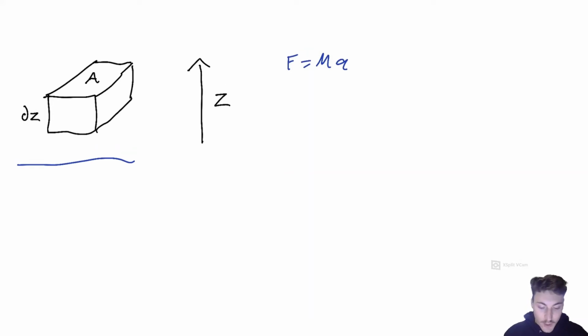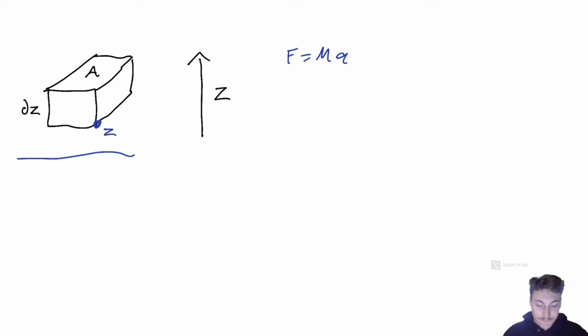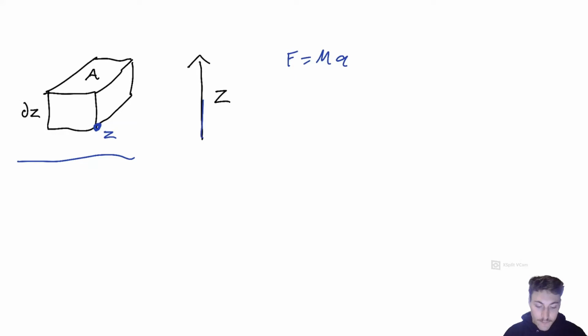Let's say we have a point right here at height z. The force at this point z is going to be the pressure times the area, and it's positive because we're denoting the upward direction as positive.